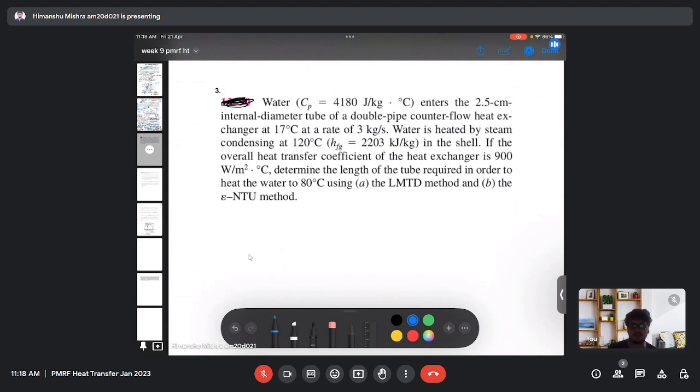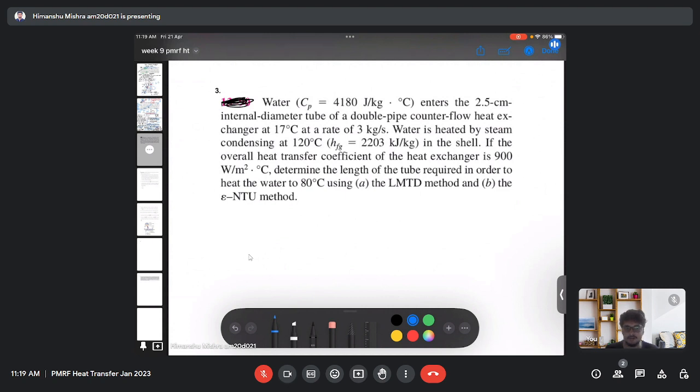In this question, water enters a 2.5 centimeter internal diameter tube of a double pipe counterflow heat exchanger at a rate of 3 kg per second. Water is heated by steam condensing at 120 degrees Celsius, and the heat of vaporization is given as 2203 kilojoules per kg.